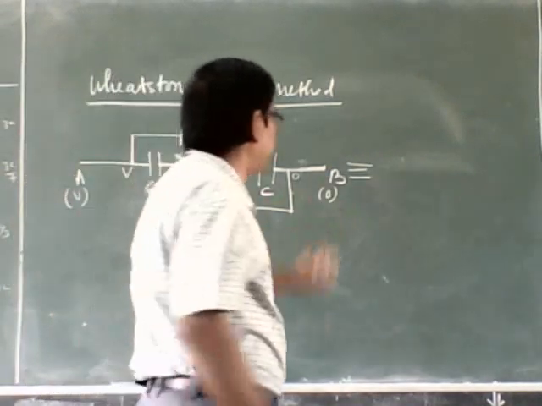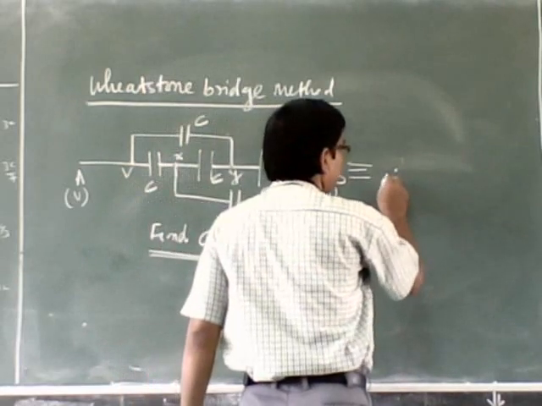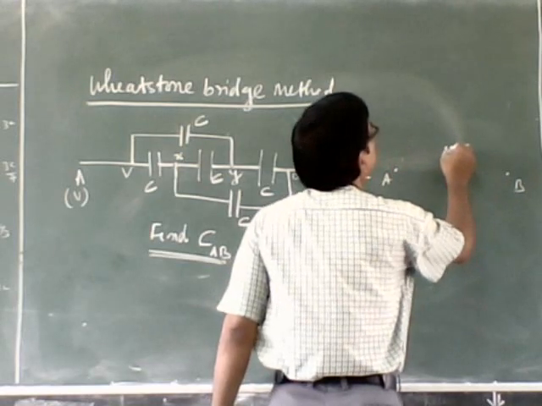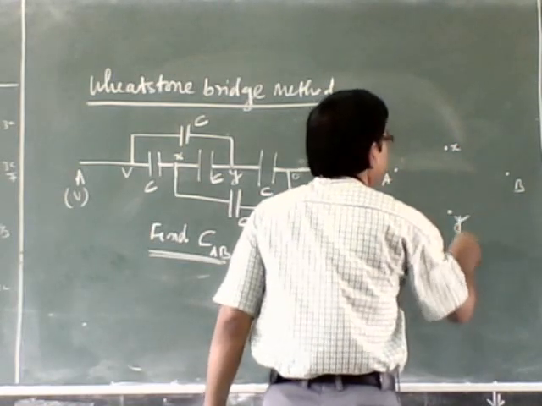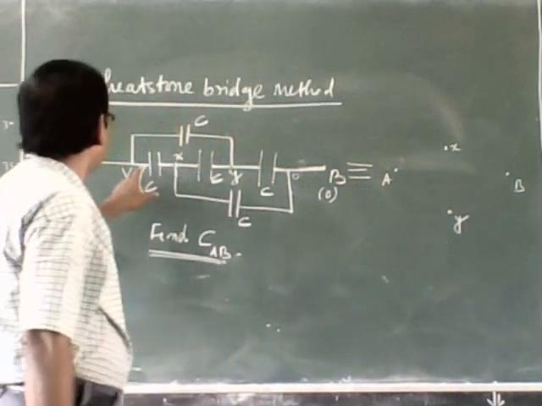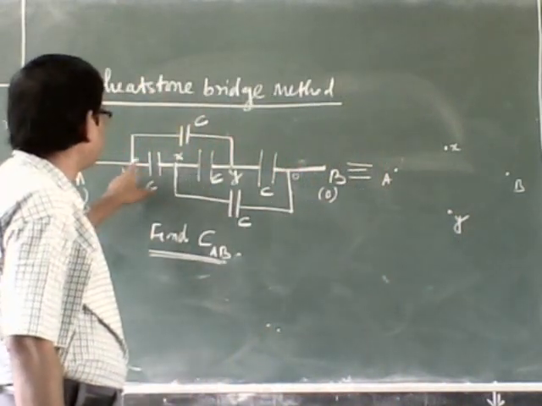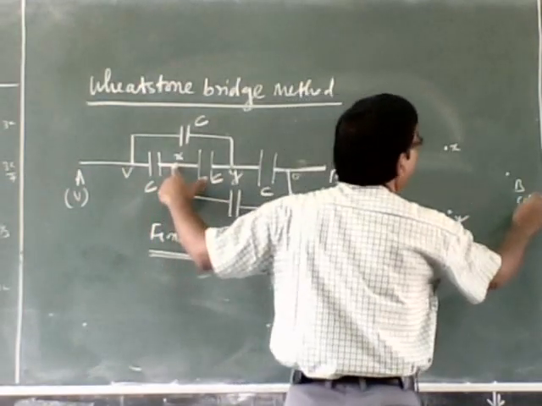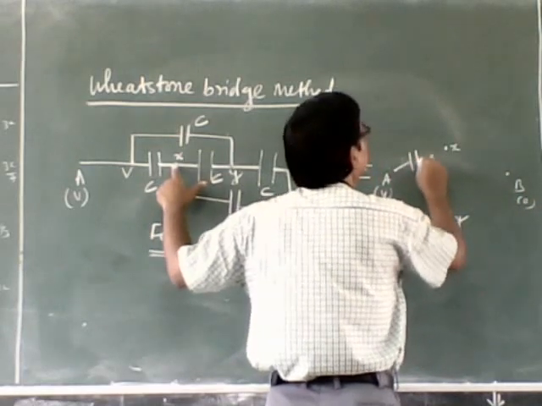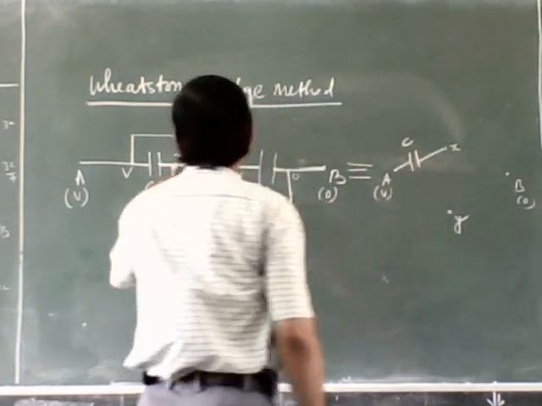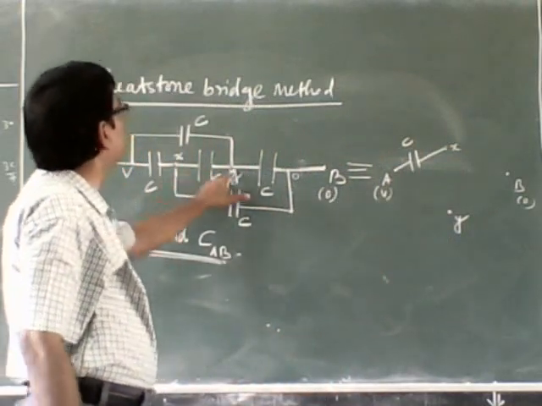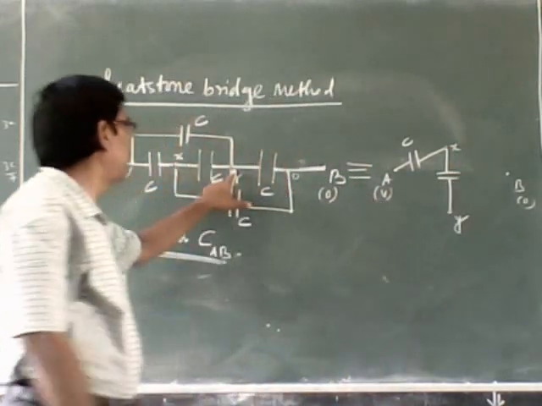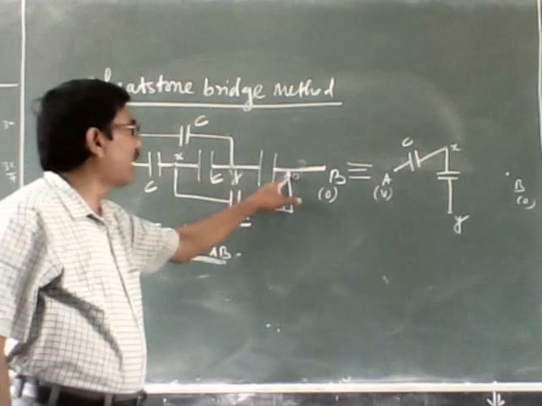A, X, Y and B. So this is point A, this is point B, this is X, and this is Y. The first capacitor is connected between V and X. The second capacitor is connected between X and Y. The third capacitor is connected between Y and 0.